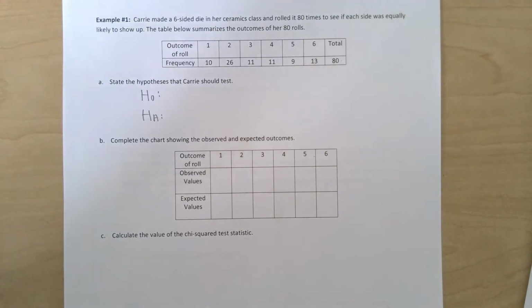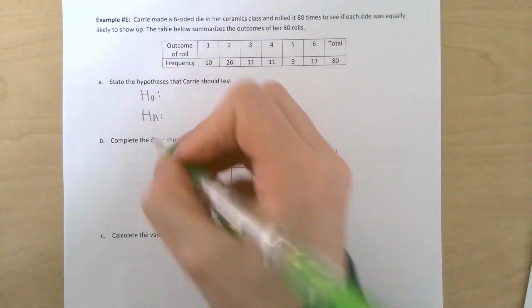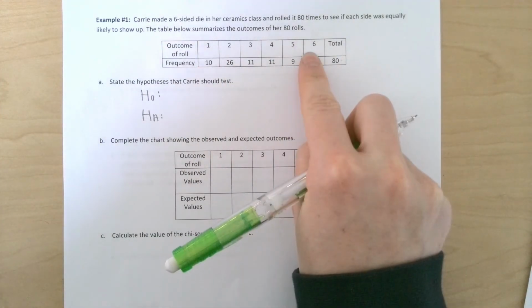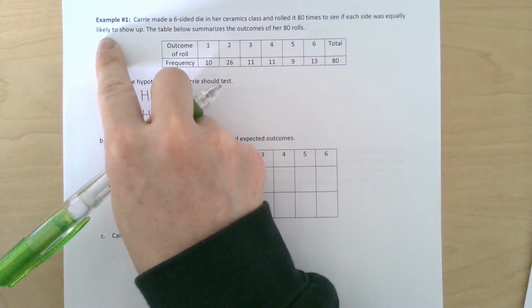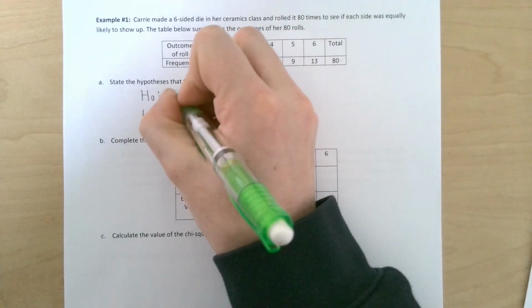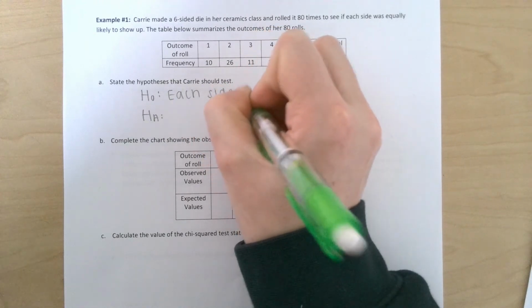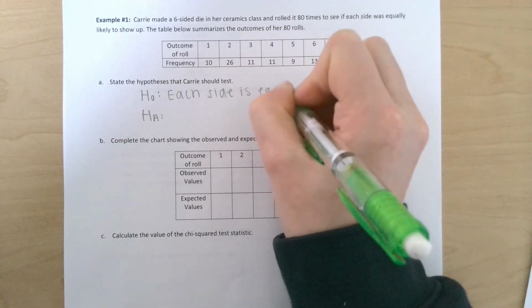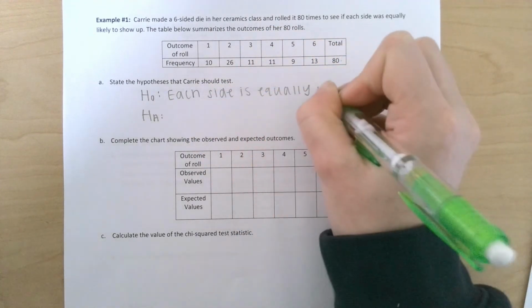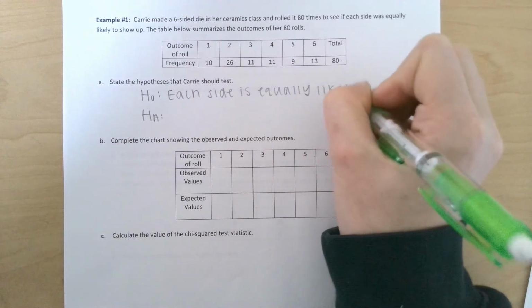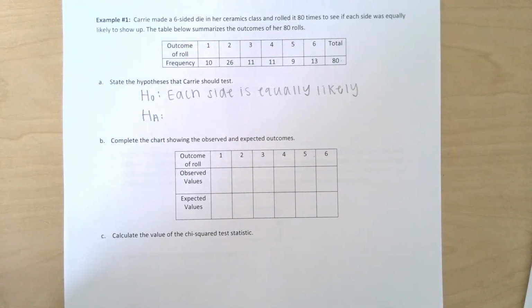Just like I assumed in the beginning that our M&Ms would match whatever the company told me, I am going to assume that each of these rolls is equally likely to show up. So I'm going to say each side is equally likely.